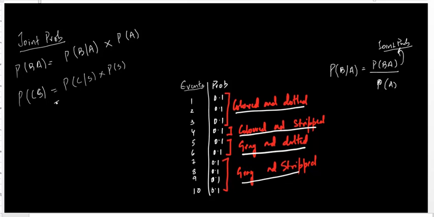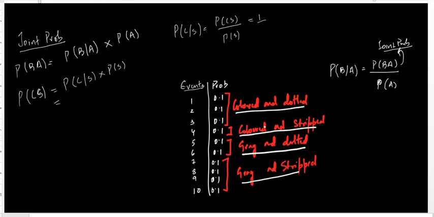Now the probability of colored given that it is striped, how would I calculate it? I've already calculated it previously, but let me do it over here again. The probability of colored given that it is striped is the probability of colored and striped occurring together divided by the probability of striped. The probability of colored and striped occurring together is 1, divided by the striped balls.